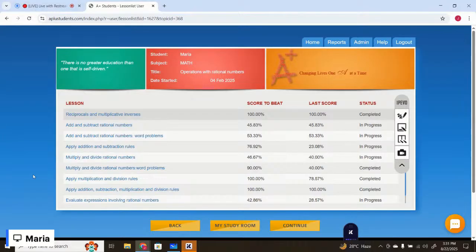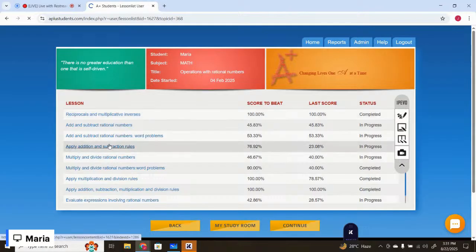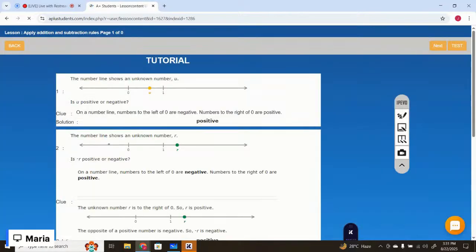Apply multiplication, addition, and subtraction rules. The number line shows an unknown number U. Is it positive or negative? Positive it is, because U is on the right hand side of the 0, so that would be a positive number.